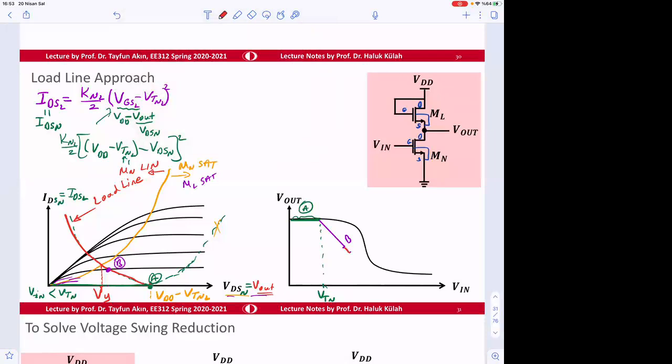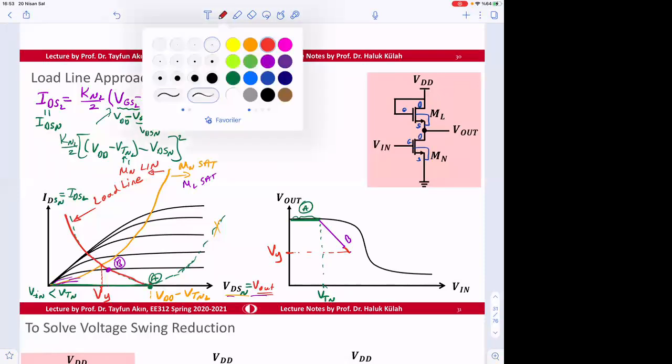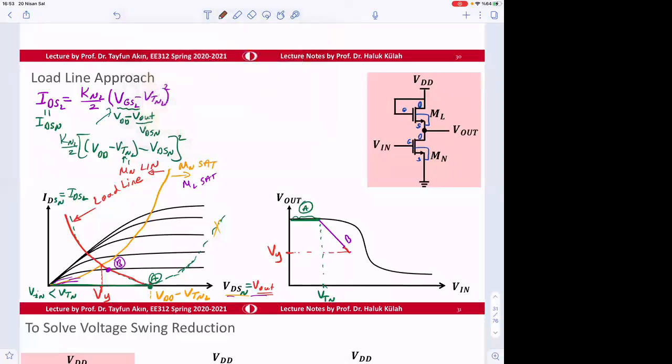If we continue, this will be coming to Vy, and then after Vy it goes into linear mode. So maybe this is going to be C, this will be D, and E, maybe. I don't know, depending on the voltages here, like how we define it.